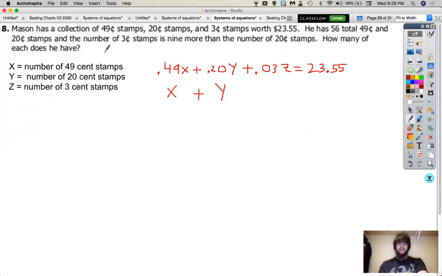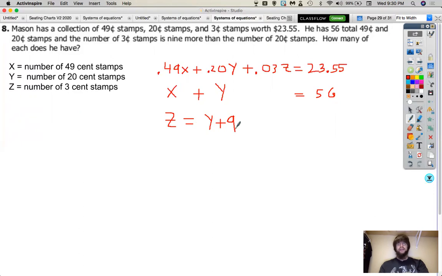And he didn't say 3 cents, so that's it. You can put 0 Z's if you want. But that's what we got. And the number of 3-cent stamps is 9 more than the number of 20-cent stamps. So 3-cent stamps is Z, 9 more than 20-cent stamps. 20-cent stamps is Y, so Y plus 9.